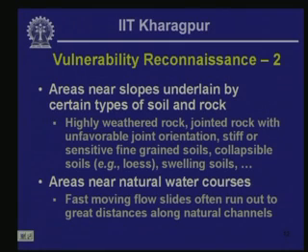If you have highly weathered or jointed rock with unfavorable joint orientation, stiff or sensitive fine grained soils, collapsible soils, swelling soils, or any such soils in a particular area, then those areas are likely to be more vulnerable to landslides.